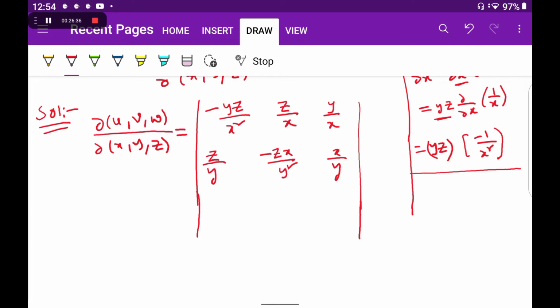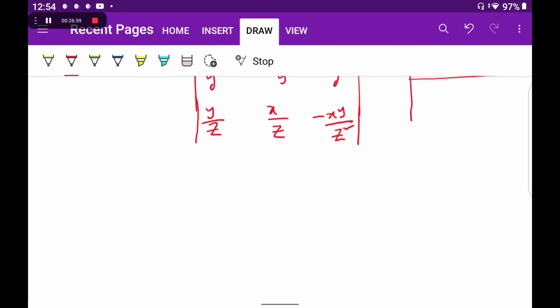Third row, it is dou w by dou x, dou w by dou y, dou w by dou z. Dou w by dou x is y by z, x by z, and then dou w by dou z is minus xy by z square.